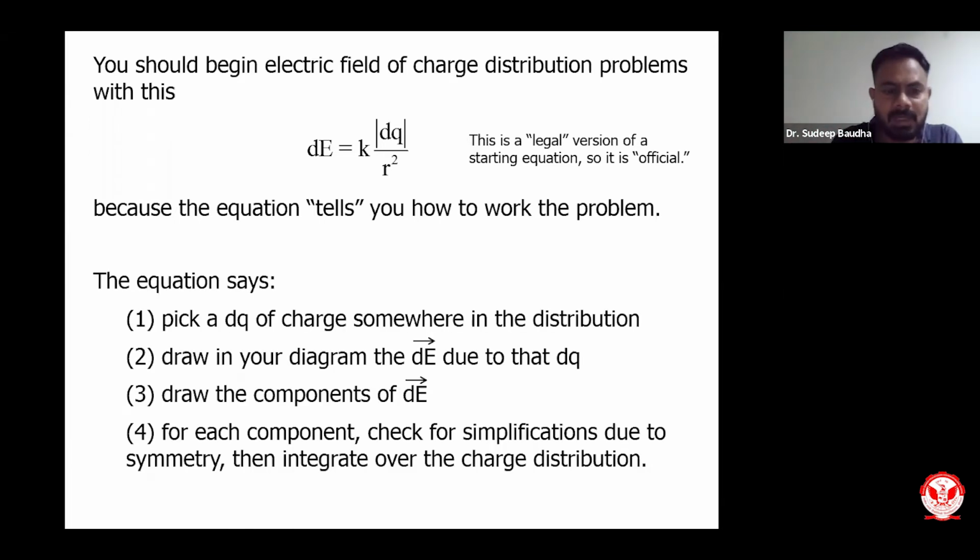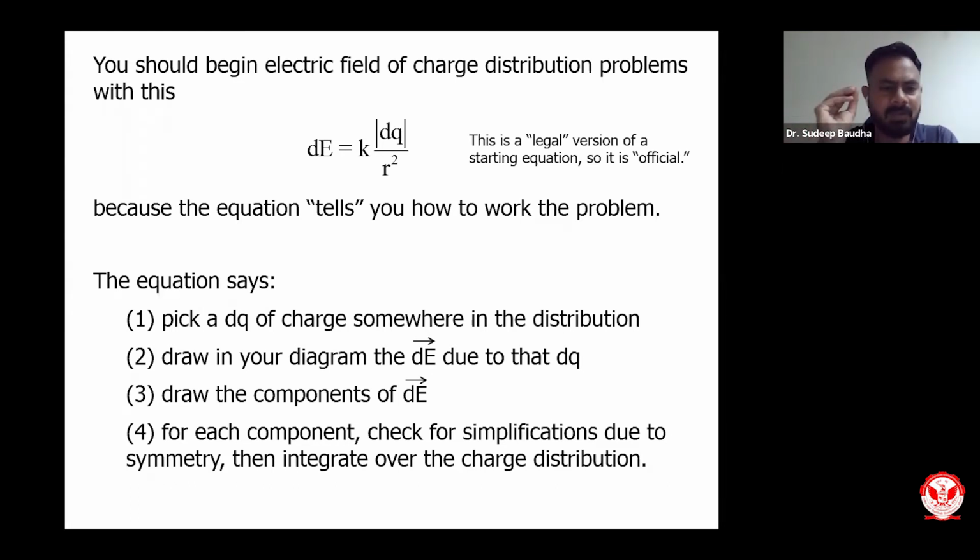So the idea behind solving such a problem is, the first step is to pick a small dq of charge somewhere in the distribution. So that is what we will do first. We will pick up a dq, that is a small section where we have a small amount of charge in that particular geometry. Then we will draw in the diagram the del E or dE due to that dq, a small amount of electric field because of that small amount of charge.